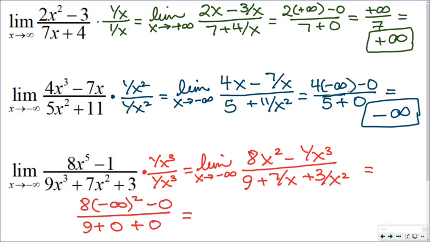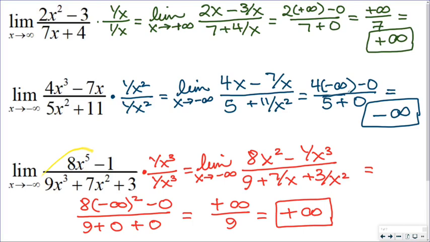Well, when I square my negative infinity, that is going to give me a positive infinity. And so my answer here is positive infinity, even though x is approaching negative infinity. And if you look at the original equation, remember I talked about we only need to concern ourselves with the leading term in the numerator and the leading term in the denominator.